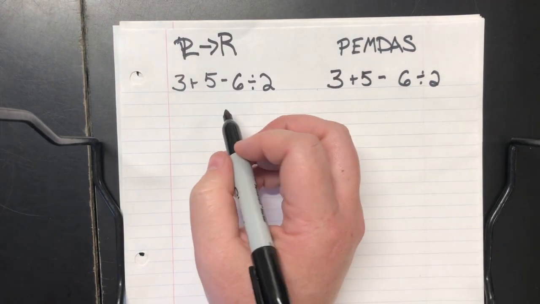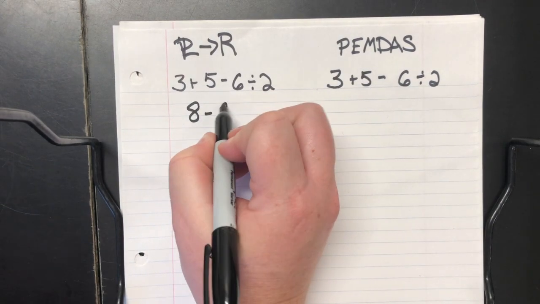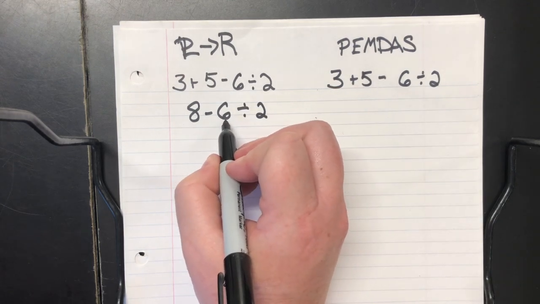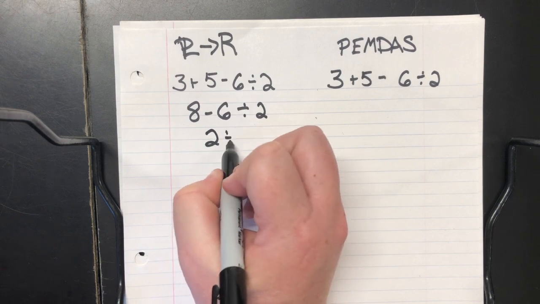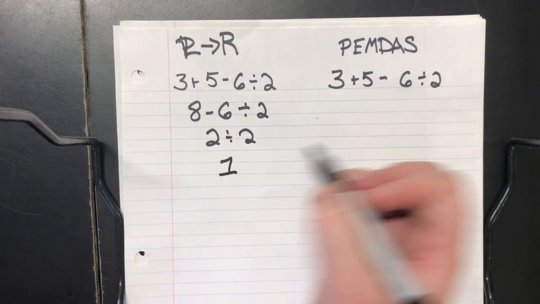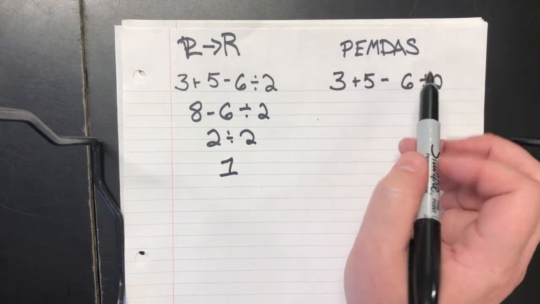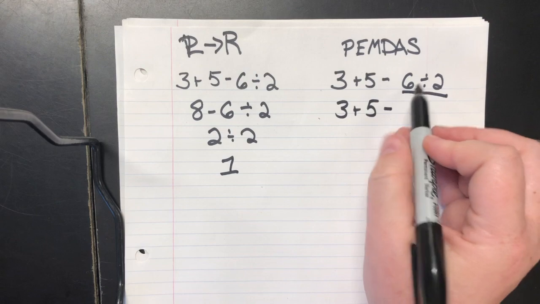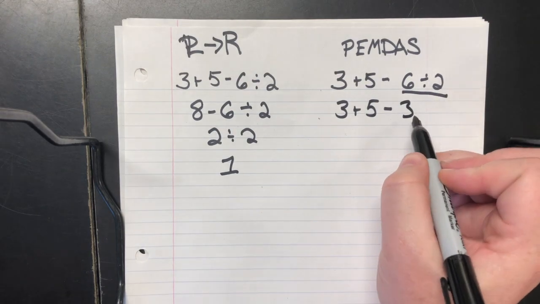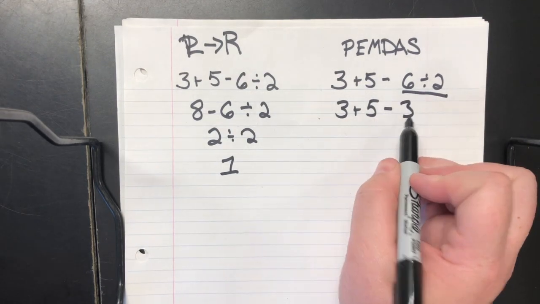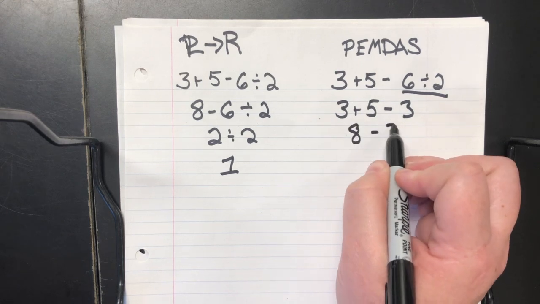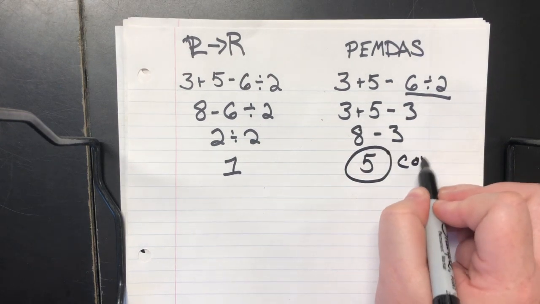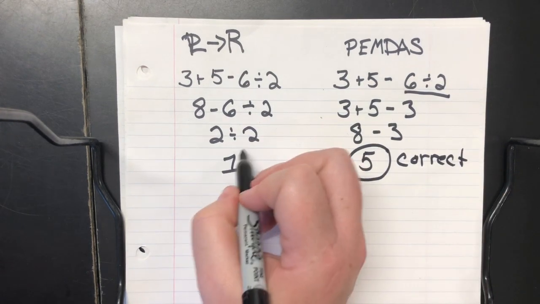So if I go left to right, I get 8 minus 6 divided by 2, 8 minus 6, that gives me 2 divided by 2. My answer's 1 here. If I do PEMDAS here, 3 plus 5 minus 6 divided by 2, which is 3, and then I go left to right, which is 8 minus 3, that gives me 5. This is the correct answer. This is not.